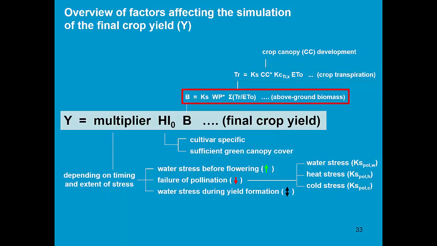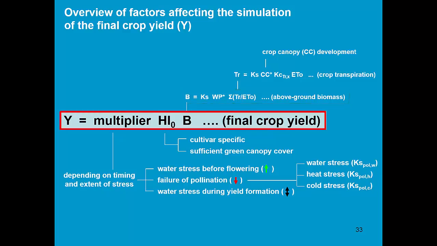In step 3, the above ground biomass is calculated by considering the cumulative amount of water which has been transpired. In step 4, yield is calculated as a multiplier times the reference harvest index times the simulated biomass in step 3. The reference harvest index is cultivar specific, but can be adjusted if there is insufficient green canopy cover during the yield formation.